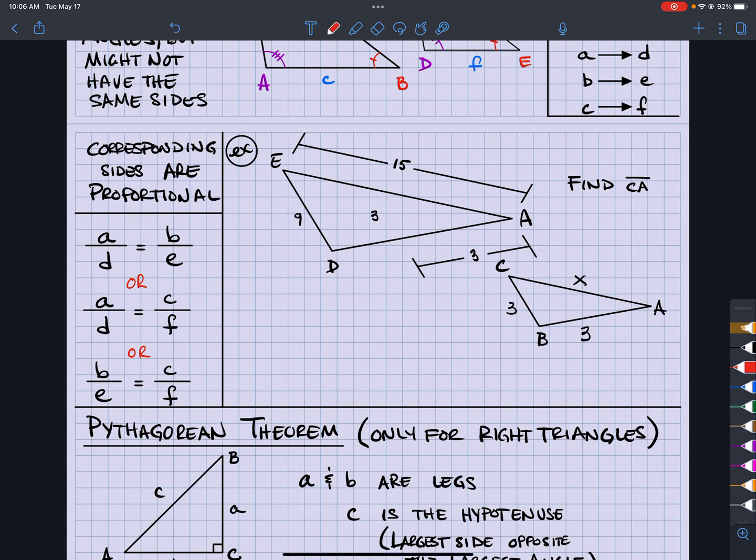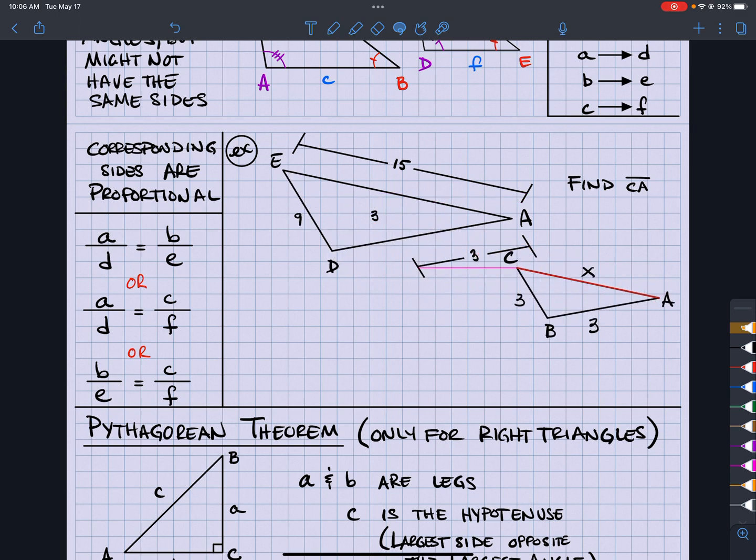Let's put that in red so I know that is what I'm looking for. When I put this on top here, you can see that the X corresponds with the 15. And this bottom 3 doesn't correspond to anything because I don't have the side AD, but I do have this side right here, and those correspond.